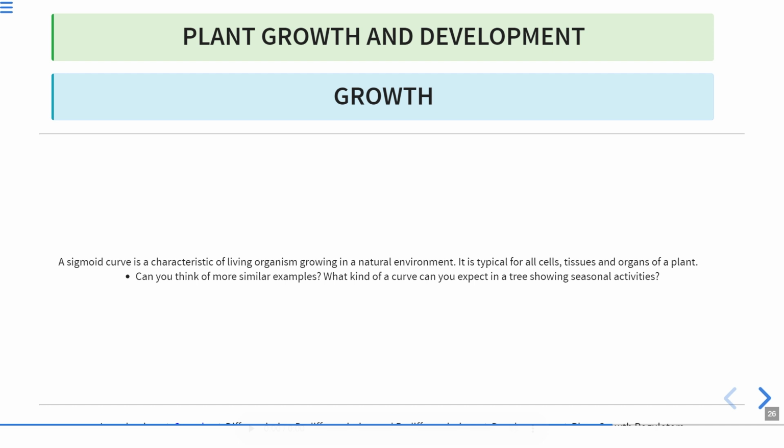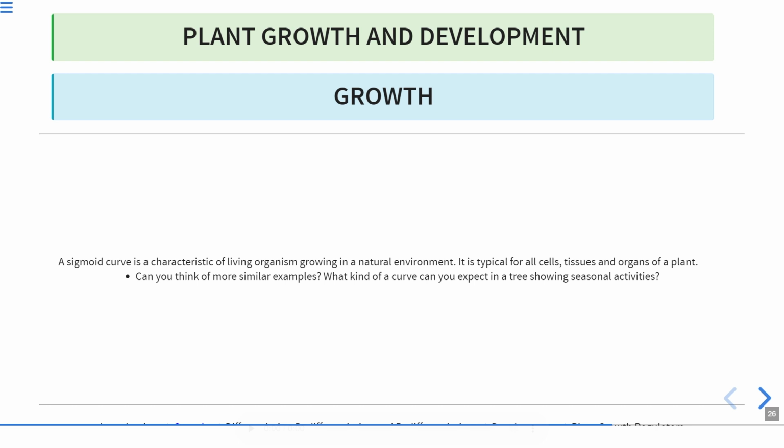Okay, in nature, you see the sigmoid curve only. A sigmoid curve is a characteristic of the living organism growing in a natural environment, and it is typical for all the cells. Okay, so such type of growth, a sigmoid growth, is very typical for all the cells, tissue and organ of the plant.